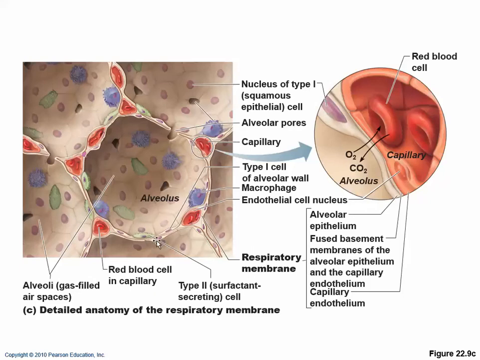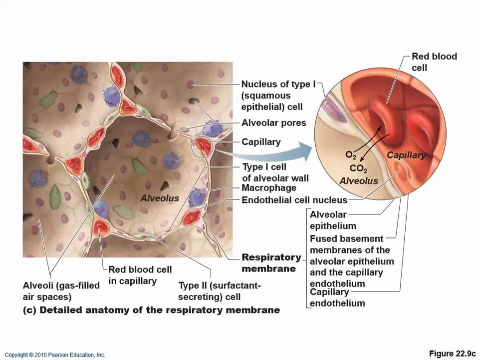The type 2 cells are secretory cells. They're thicker, these green ones here, and they secrete something called surfactant. The point of surfactant is that it breaks up the adhesion of water molecules. In class, when we get a chance after the break, I will demonstrate how surfactant works.